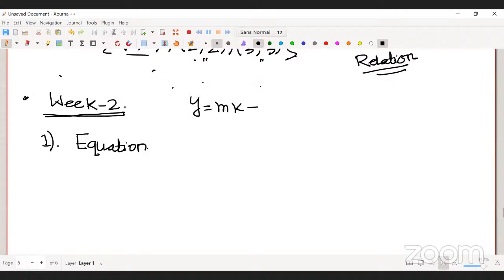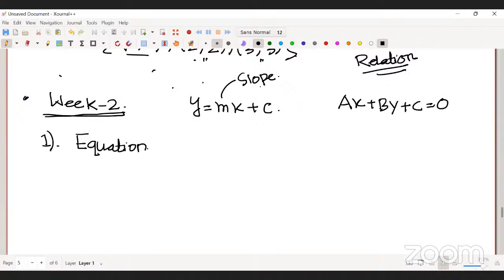This is not general, but you call it the slope intercept form. Then there is ax plus by plus c equal to 0. The general equation is probably ax plus by plus c equal to 0, but it doesn't matter. This also represents the equation of a line.